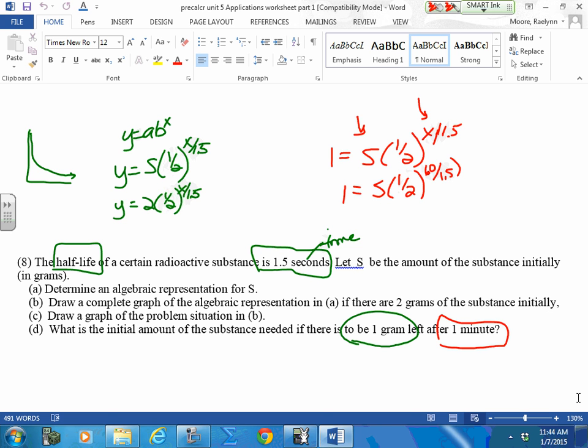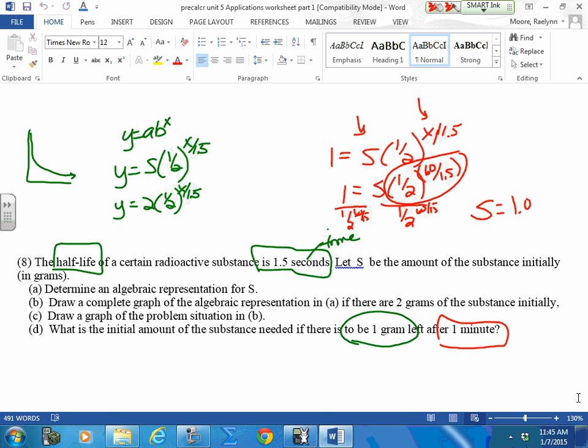Now remember, this exponent only goes to this one, not the X. So I can divide both sides by the same as we did in your homework problem. Both sides divided by this. And you'll find your S, what you initially started with. And it was a big number.